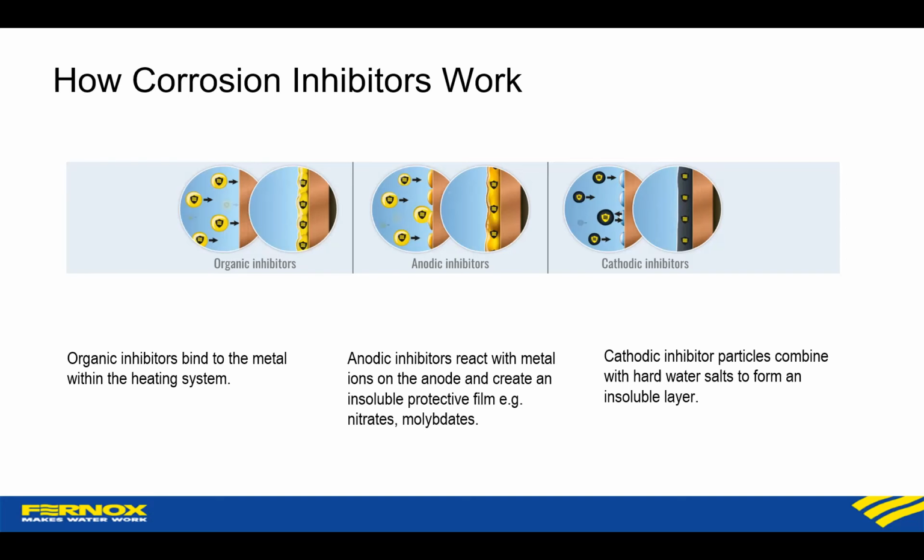And then you have cathodic inhibitors, which actually use calcium and magnesium from hard water. So there is some benefit if you have a good anti-scalant in a premium inhibitor, where you actually use some of the salts in the hard water to your advantage to give a bit of protection.